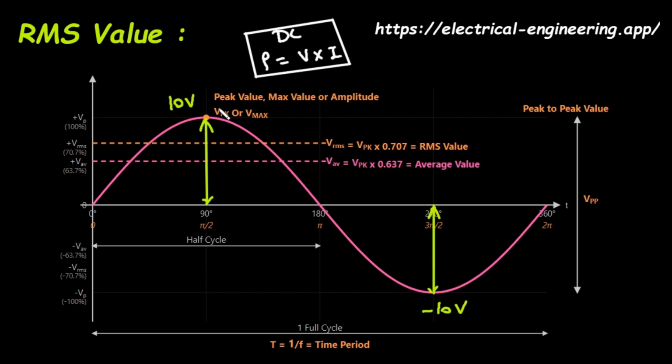Here on this side, let's say we are assuming positive 10 volt, and on the other side minus 10 volt, because this will be the same, but here it is positive and here it is negative. This is also a maximum value or peak value.